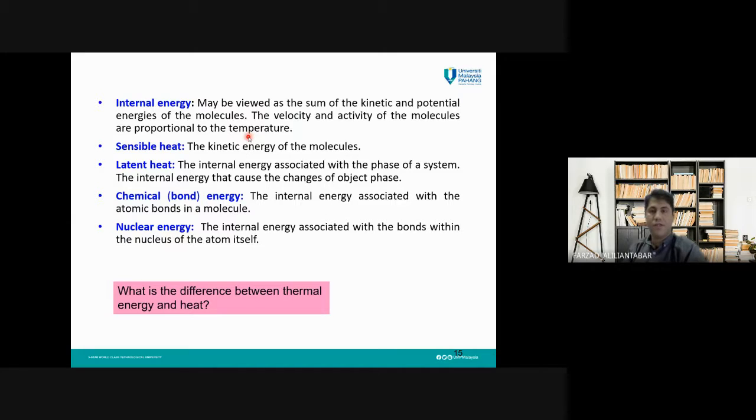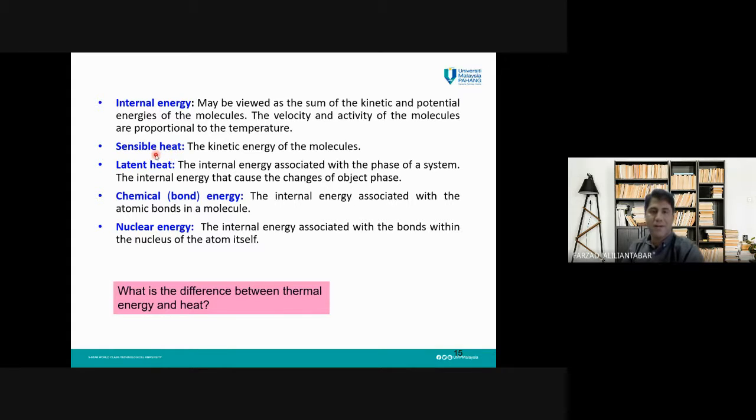But how and why does this happen? When the temperature of the substance is changing, the internal energy of the system also changes. It means the velocity and activity of the molecules in that system or substance also change, which affects the motion of the molecules that can transfer from one point to the other.